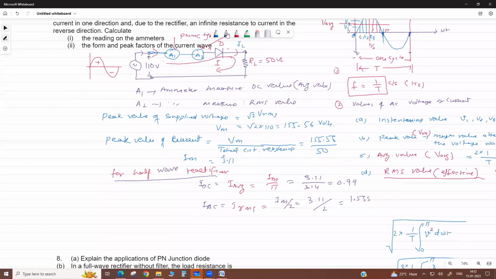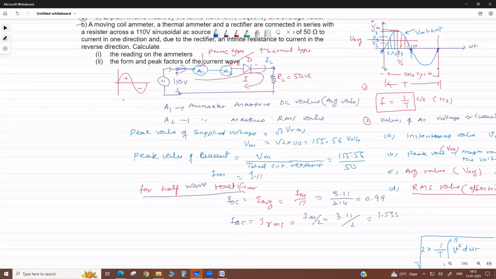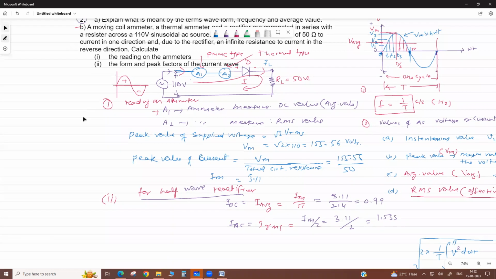Reading on the ammeters. A1 reads this because it is suitable for DC only.